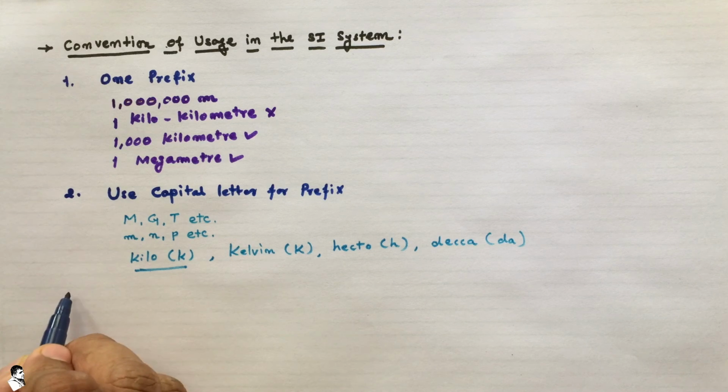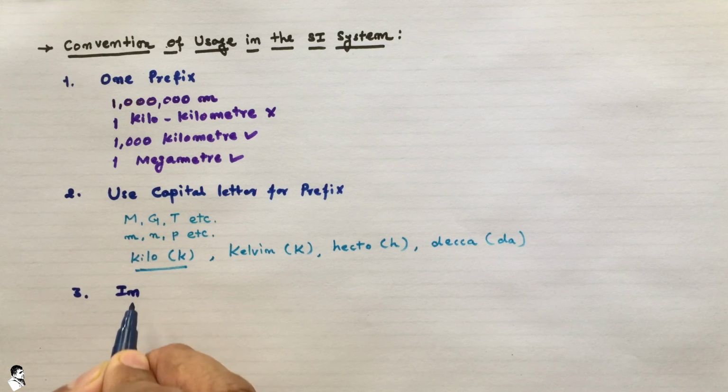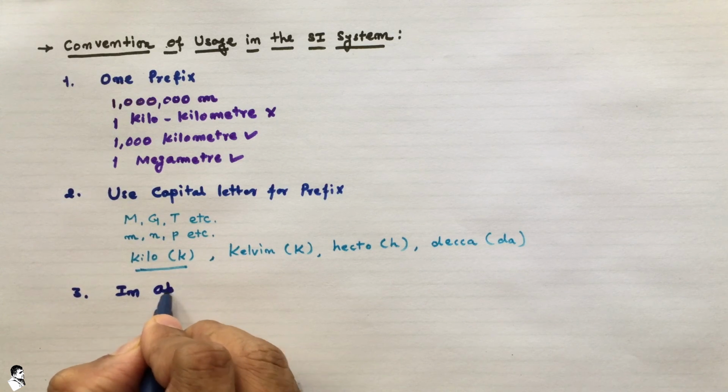Now the third one: units are written in abbreviated form and are never pluralized.